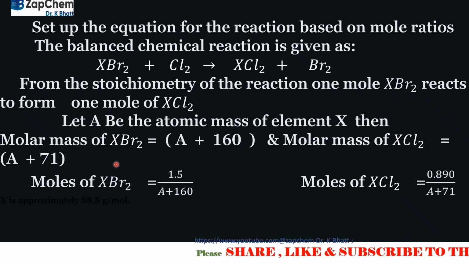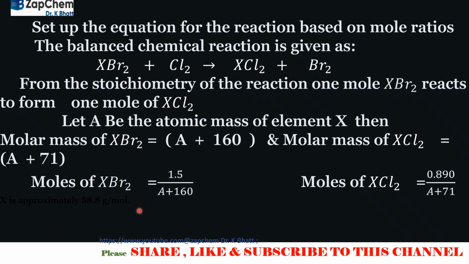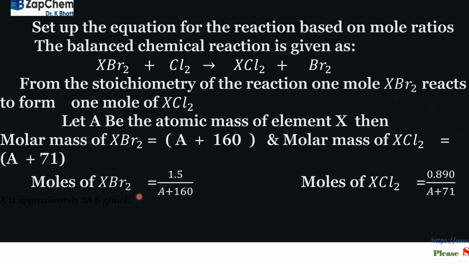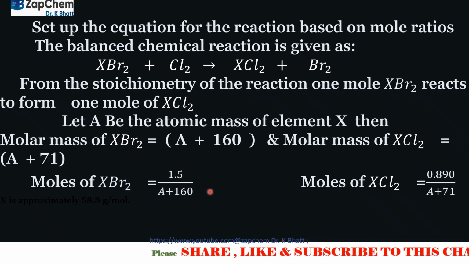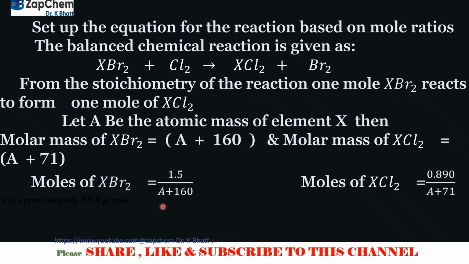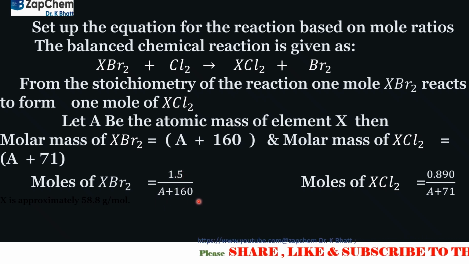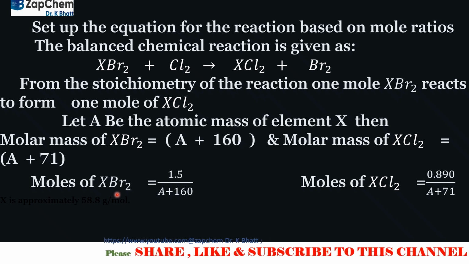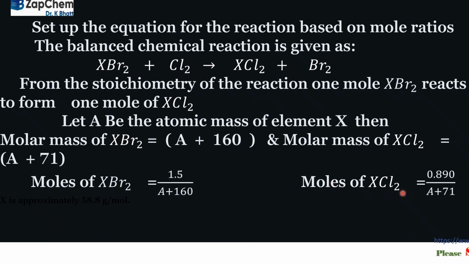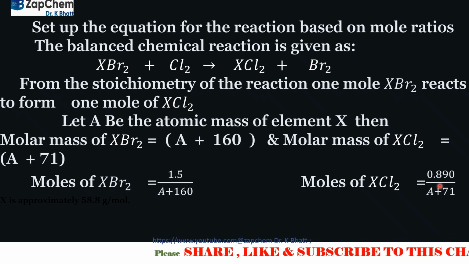Now we are required to find the moles of XBr2. For calculating the number of moles, we divide the given weight by the molar mass or molecular weight. So it will be 1.5 divided by A plus 160 in the case of XBr2, and in the case of XCl2, it will be 0.890 divided by A plus 71.